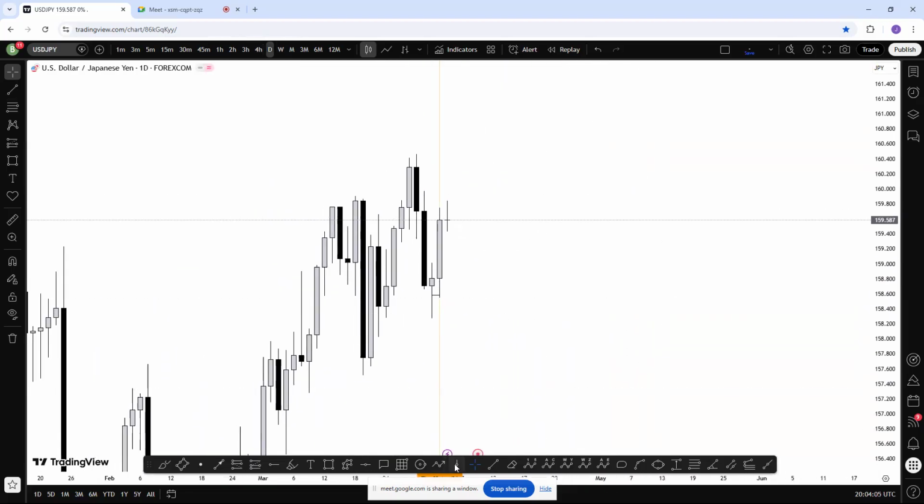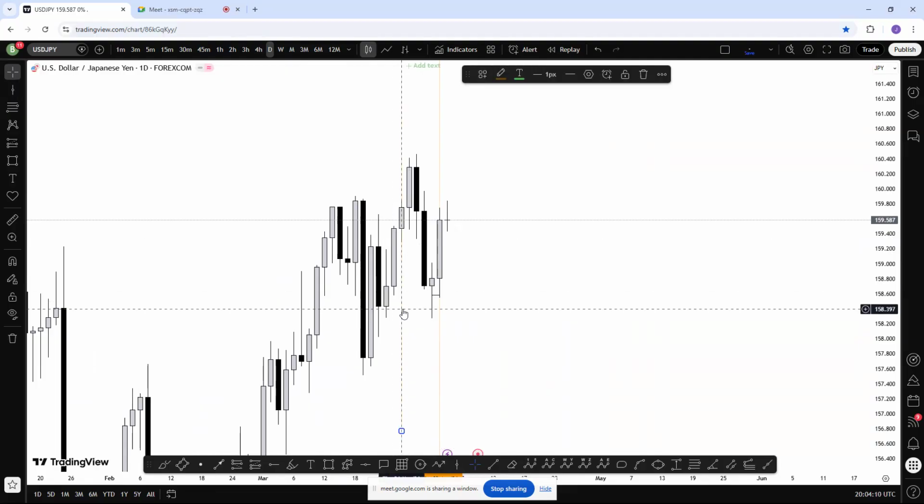You will receive good setups every day, I mean every week. So these are the daily candles.